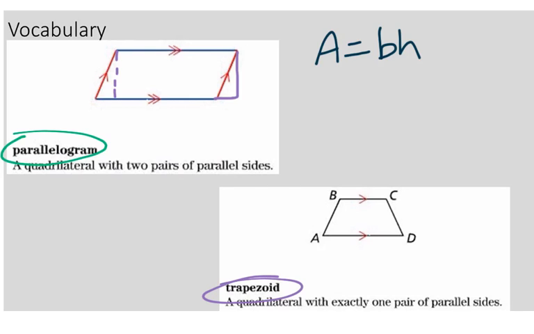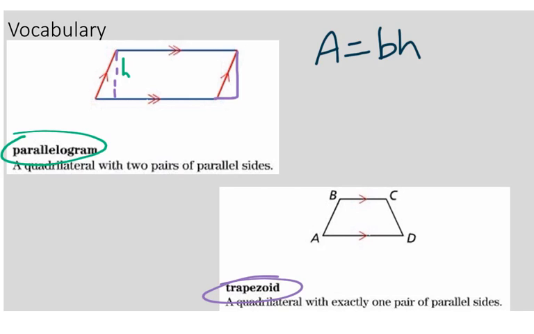So, as long as we can find the height of the parallelogram, we can simply use the same formula, A equals BH, because really what we do have here is a reconstructed rectangle that is a parallelogram. So we use the same formula.